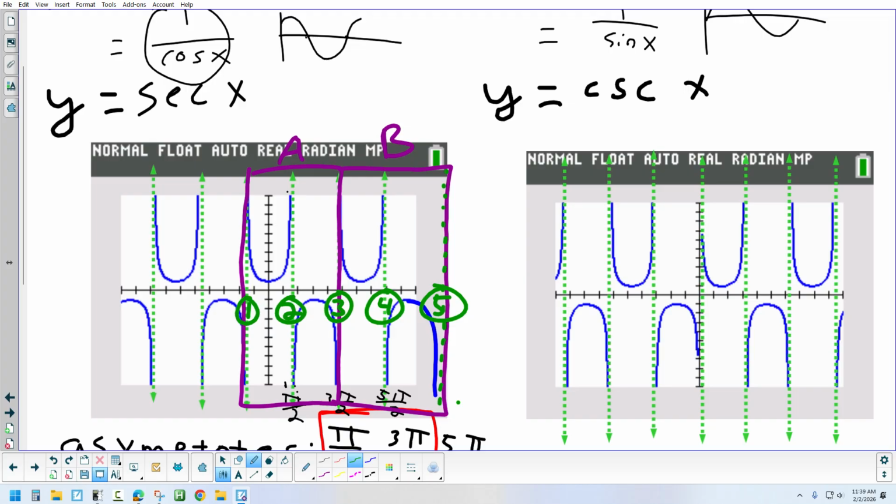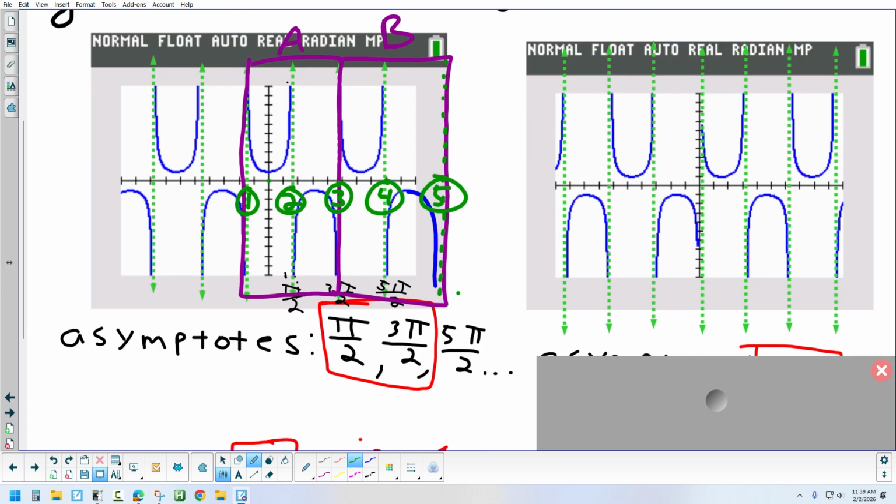Their asymptotes are different, like they're not the same spot. Right, the asymptotes are all right in the middle of these other asymptotes. So 0, pi, 2 pi, 3 pi, that's where the asymptotes are.